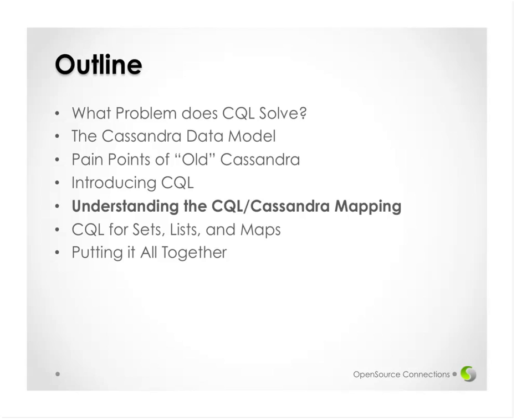The most important part of the talk, of course, is going to be this lengthy section about understanding how CQL maps to the internal Cassandra data structure. If we have time after that, we will get into some of the neat special sauce about CQL as it regards to sets, lists, and maps. And then I'll conclude with some remarks just to pull it all back together.